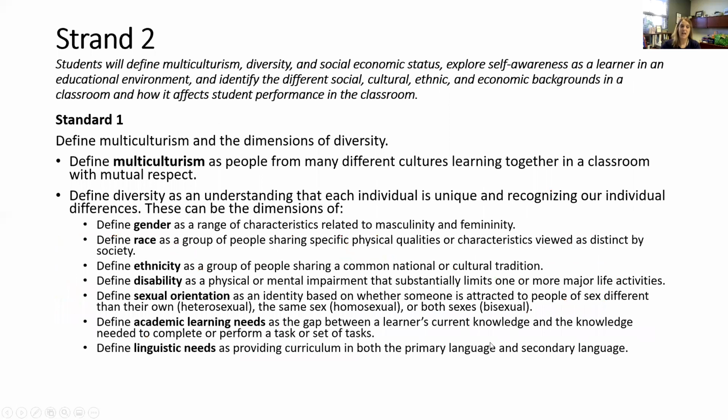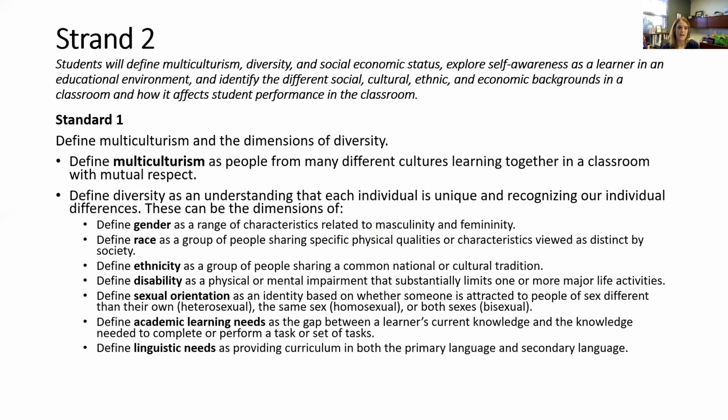All right, now we're moving on to Strand 2. So Strand 2 is students will define multiculturalism, diversity, and socioeconomic status, explore self-awareness as a learner in an educational environment, and identify the different social, cultural, ethnic, and economic backgrounds in a classroom and how it affects students' performance in the classroom.